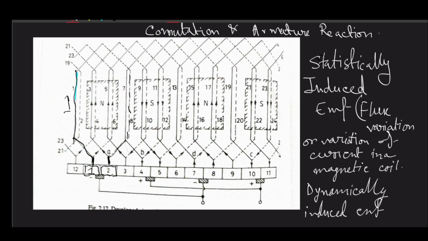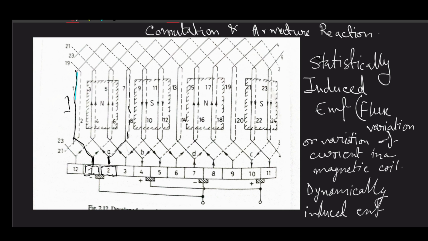Now, in these coils, two different types of EMF will be induced. One is statically induced EMF, because whenever you try to change the current through the coil, you are bound to get some opposite EMF induced across your coil to prevent that change in current.